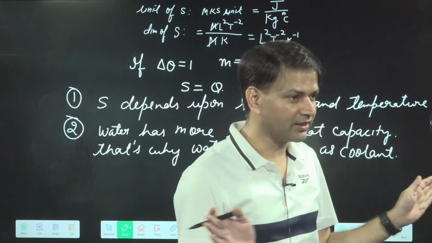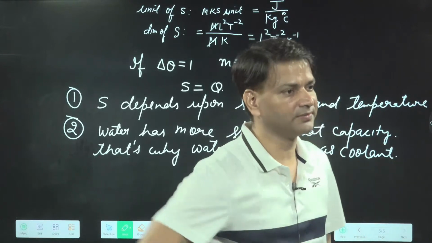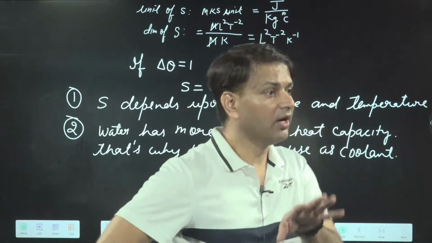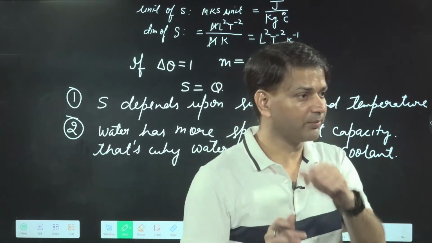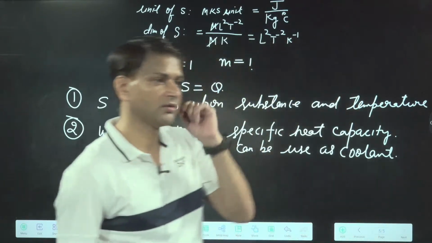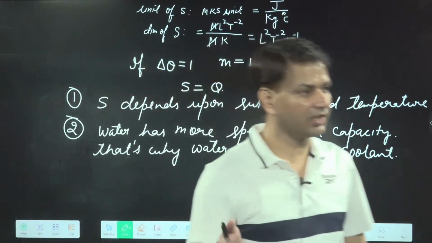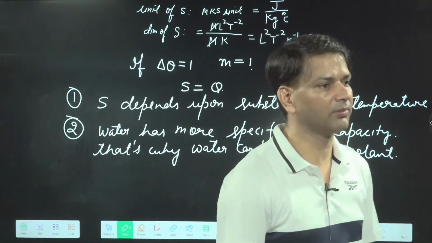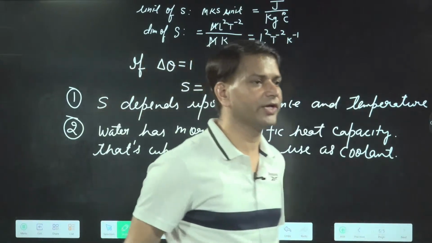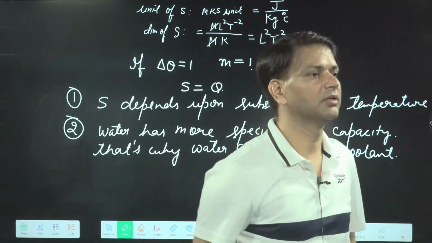When you pass an equal amount of heat, which body will get heated more, metal or the plastic body? Metal will get heated more. Metal gets heated more for the same amount of heat, which means the specific heat of the metal has to be lesser. Yes or no? So metal will have lesser specific heat in comparison to non-metal. Got it? That's why when you pass the same amount of heat through metal and non-metal, the change in temperature in the metal will be more.